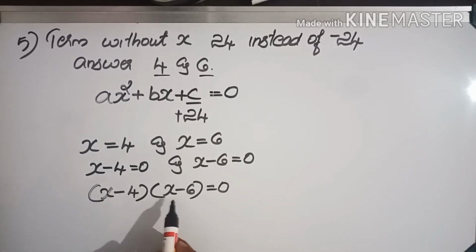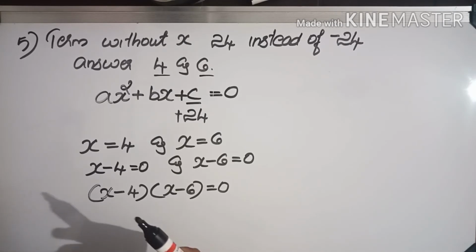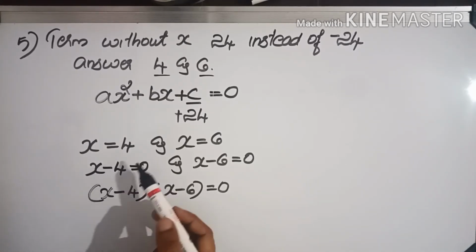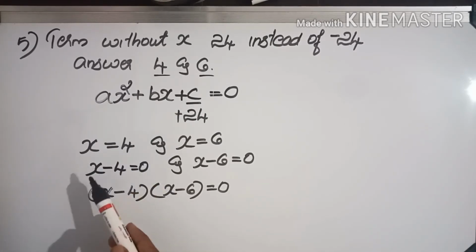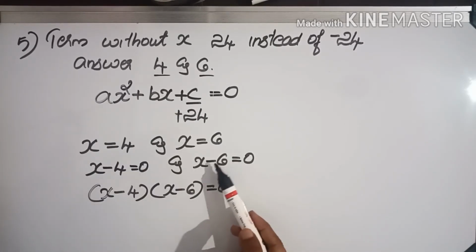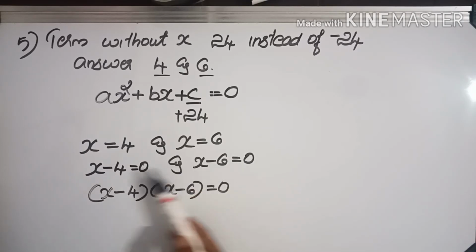These are the factors. This you will learn in the chapter on polynomials, in detail. Nothing, the solution we can write like factors, x minus 4 equal to 0 and x minus 6 equal to 0. By multiplying these two, we will get the answer.